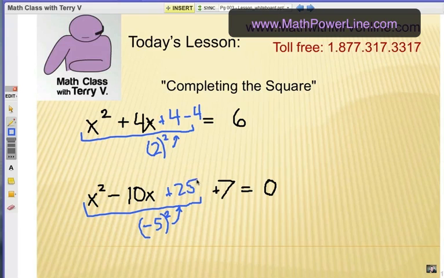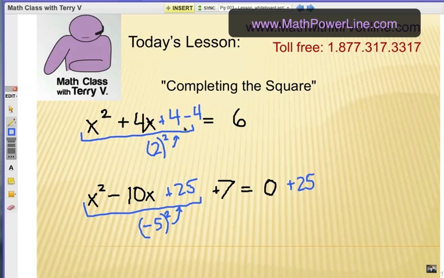In some cases, if you need to add a number on one side of the equal sign, you have to add the same number on the other side. So this is an example where I add a positive 25 on both sides. Up here, I had to add the opposite because I did it on the same side of the equal sign. That's a very key point, and we'll try to remember that as we look at some other examples.